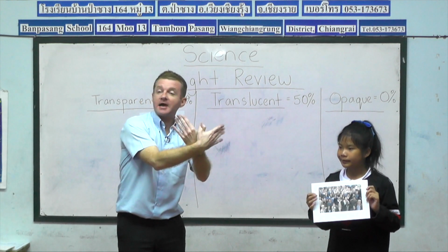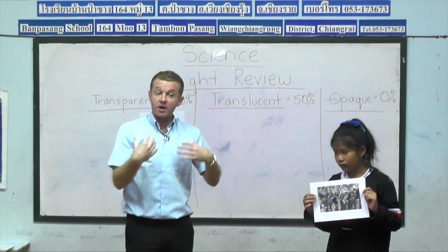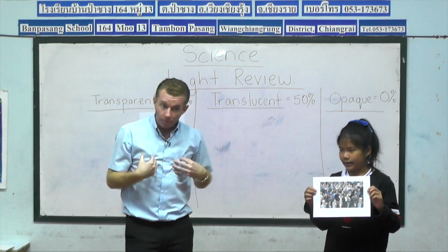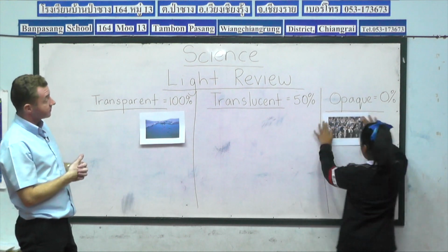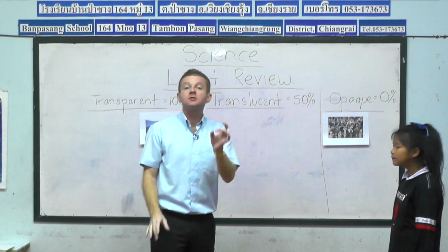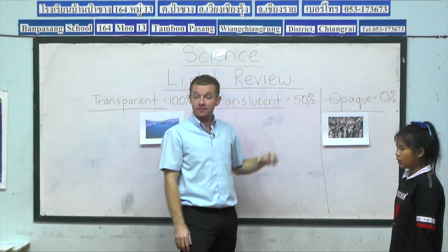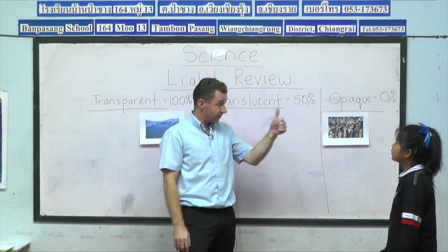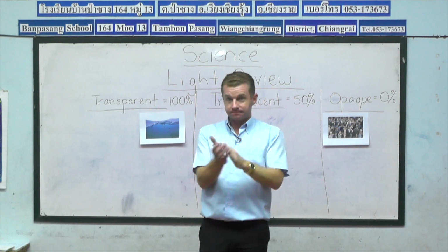Remember the exercise we did with our hands, where we blocked the light. So that means that we are opaque. So what column would you place people in? Excellent. You see, we don't allow any light to pass through us. So we can say, people are opaque. Lakgao, brilliant. High five. Big round of applause for Lakgao.